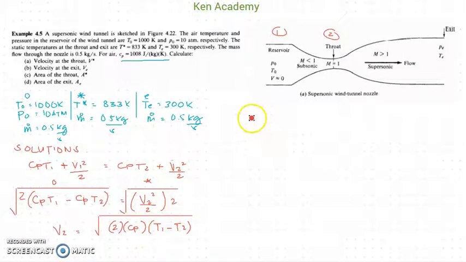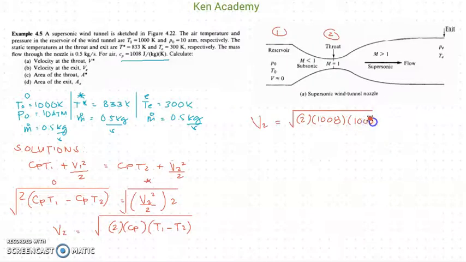So let me continue on by substituting the known values of each variable. 2 times 1008, and we also have T1, which is 1000, minus 833.